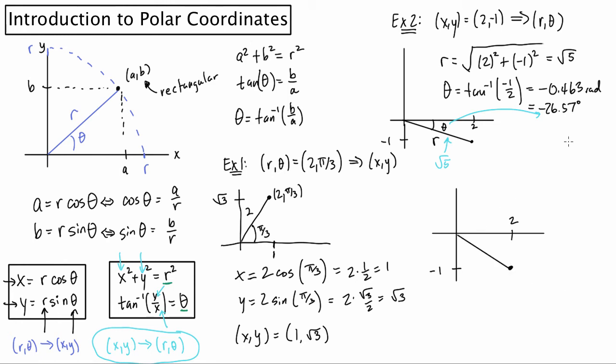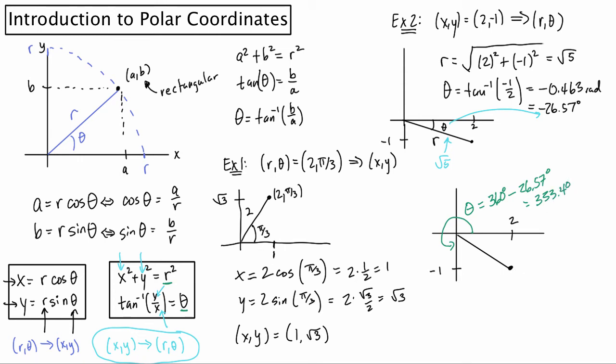Then the idea at that point would be very different. We would have an angle theta which goes all the way around, and theta would be 360 degrees minus 26.57 in this case, which turns out to be 333.4 degrees.